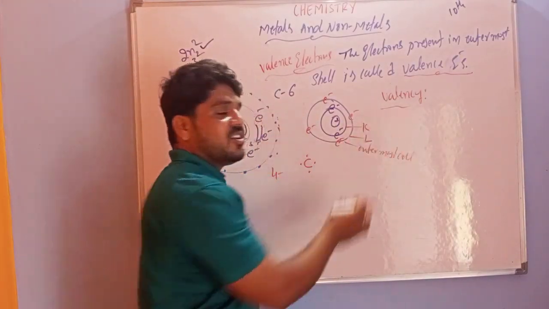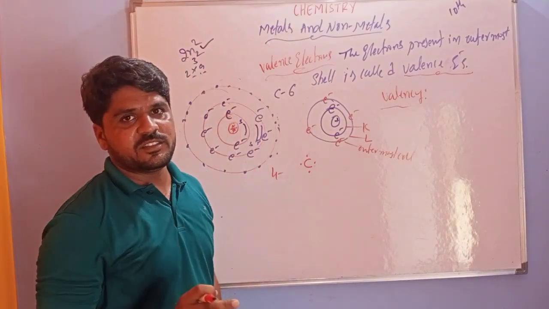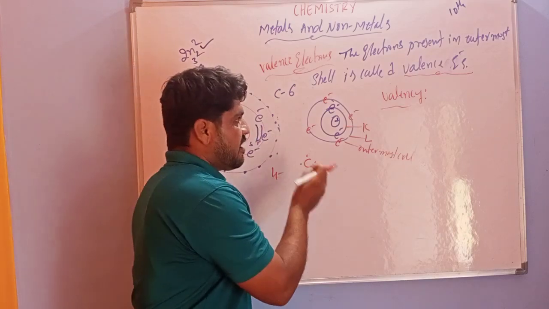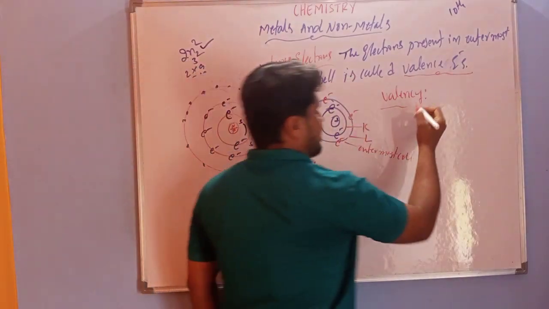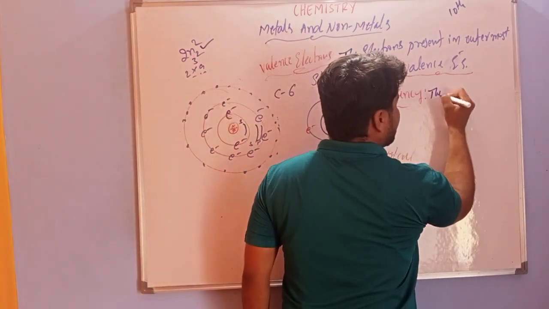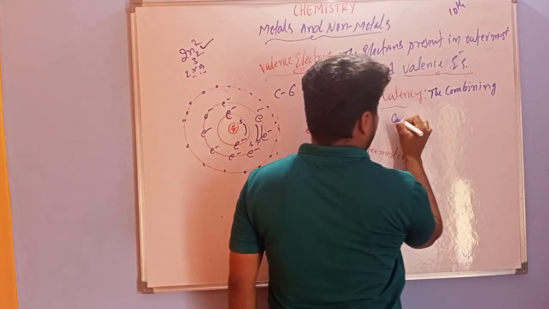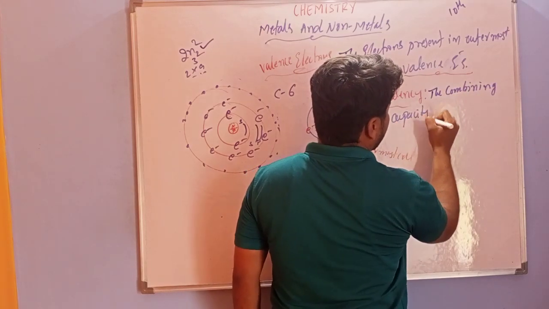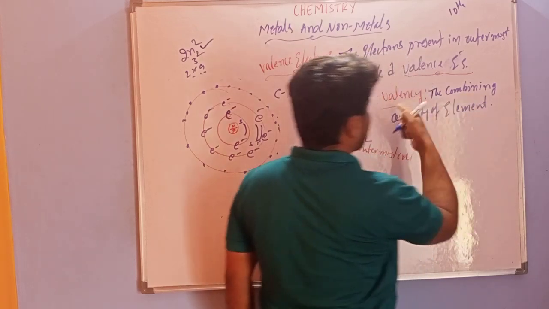Here valency means the combining capacity of an element, or the electrons participating in chemical reactions. So I have to give a definition for this valency. The combining capacity of an element is called valency.